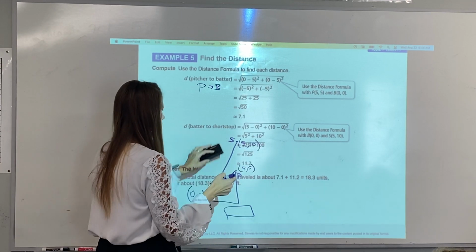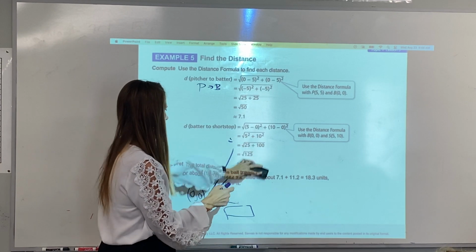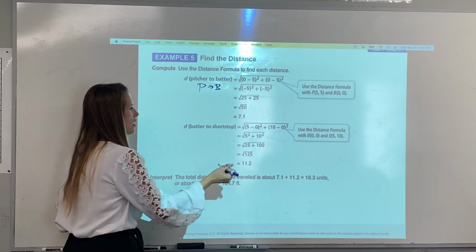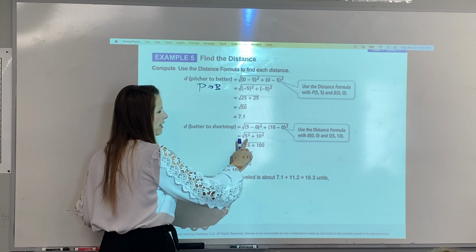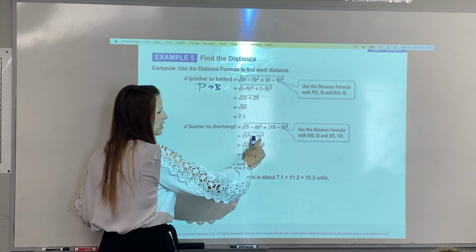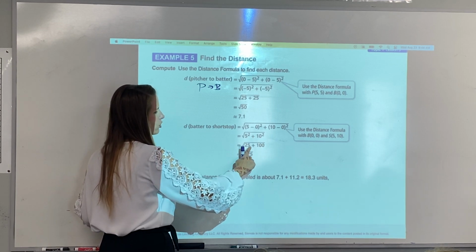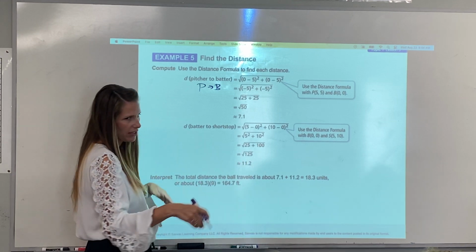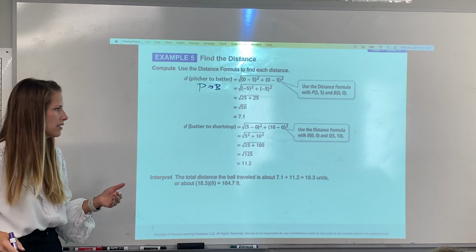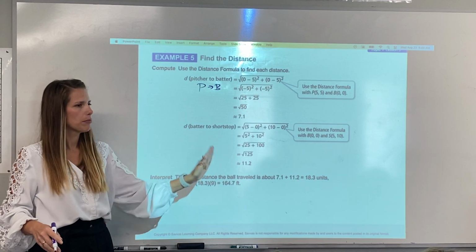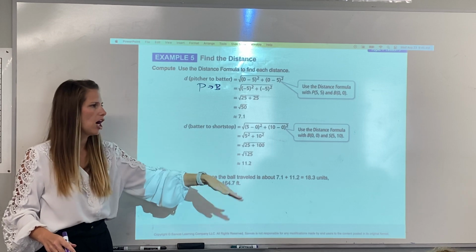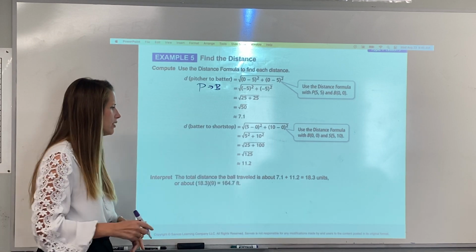So 5 squared is 25, 10 squared is 100. 25 plus 100 is 125. Square root of 125, and you're going to need your calculators for these, is approximately 11.2.